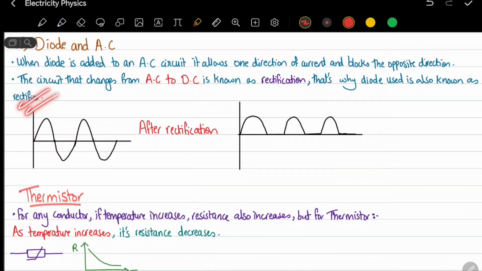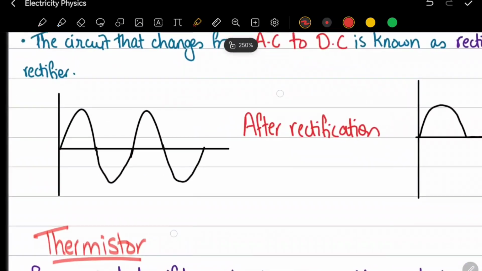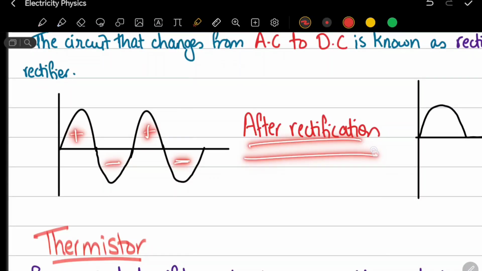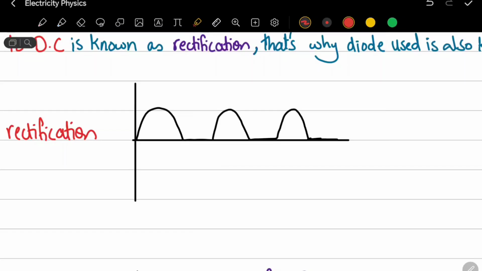So before rectification, this is a normal AC circuit, and we know that AC flows in both directions, so of course we're going to experience part positive and part negative. But after rectification, it only flows in one direction. So it flows in one direction, then it is blocked, then flows in one direction, and then blocked again, and then flows back.